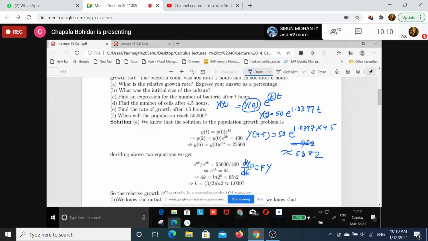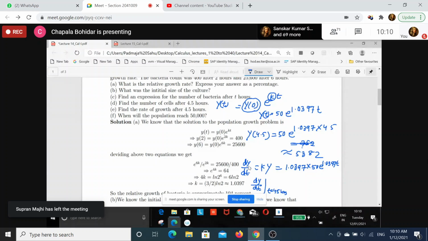We know the value of k is 1.0397, and the value of y is 50 e to the power 1.0397t. So we have to find dy by dt at t equal to 4.5 hours.